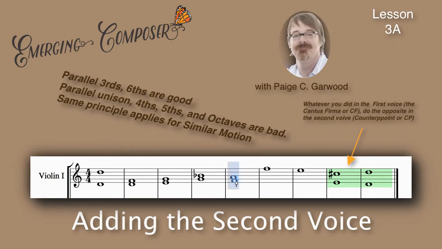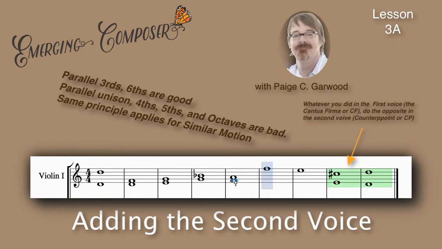I can't go to an E. I can't use similar motion here because E to A is a fourth. So you can see how when you're writing two parts, sometimes your parts get written for you. I can't go down to a D because D to an A is a fifth, and that's similar motion, both voices moving in the same direction into a fifth. Again, we want to avoid that. So really, my only choice is an F. It's no big deal. It's going to be great.